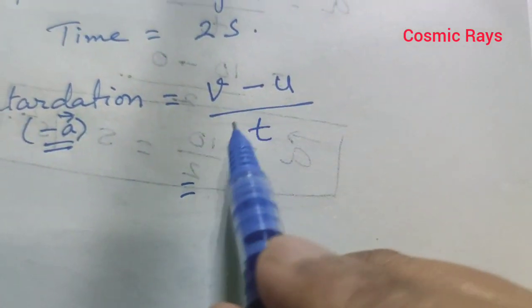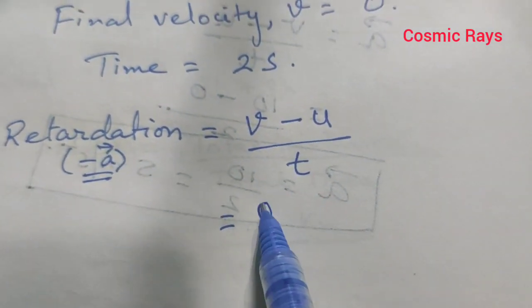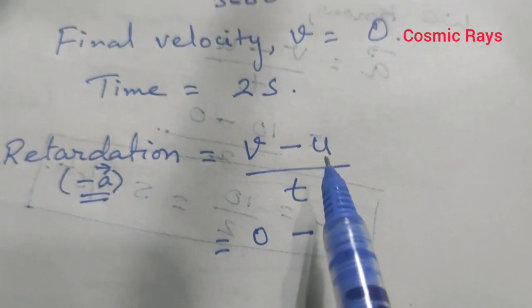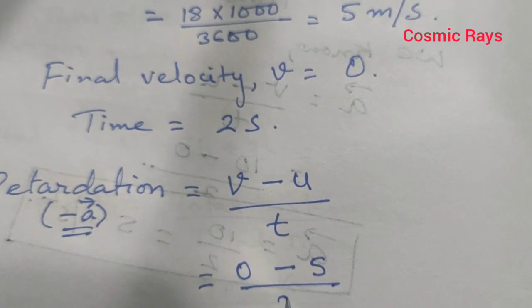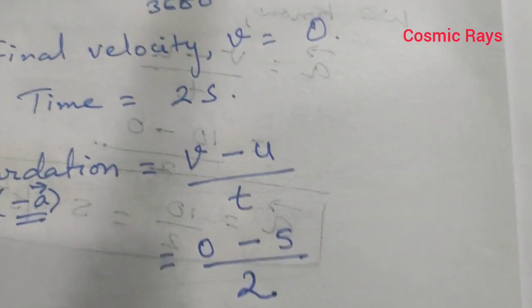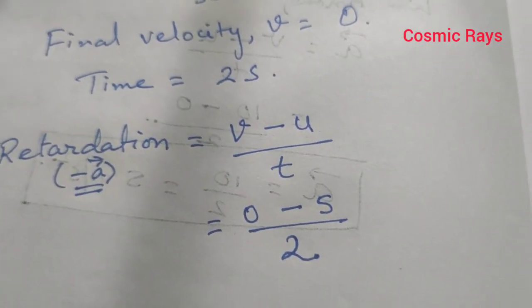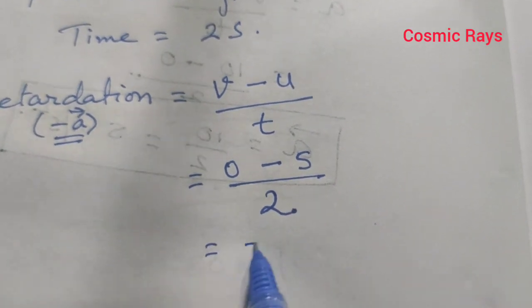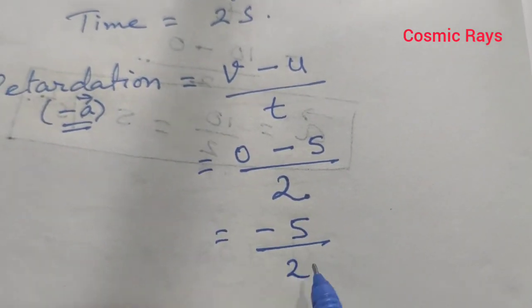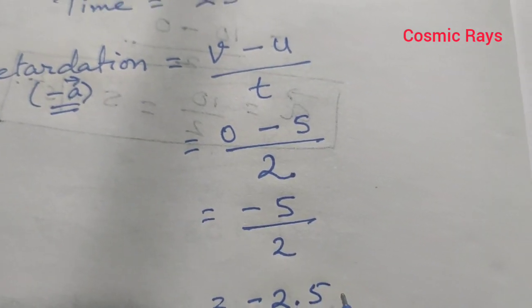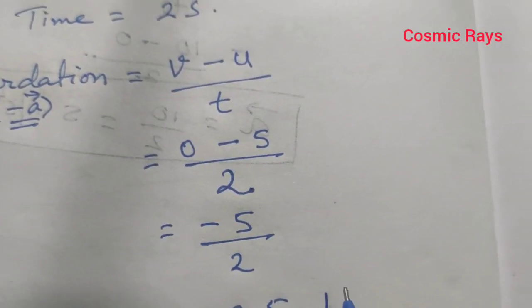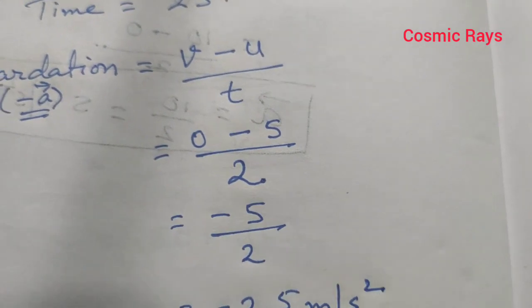So here final velocity is 0 minus initial velocity is 5 meter per second, and the time taken is 2. So 0 minus 5 is minus 5 upon 2. When you divide, you will get minus 2.5 meter per second square.